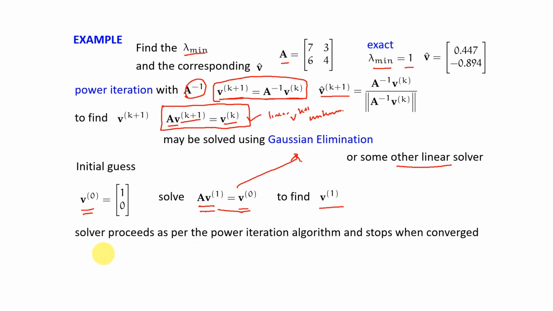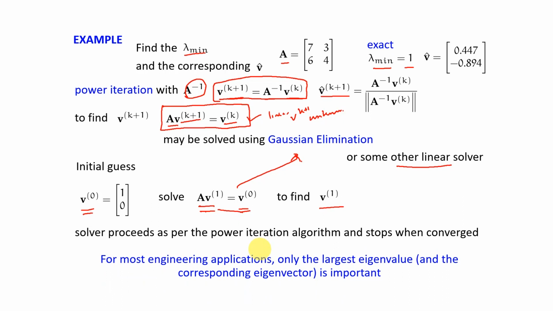And then I can keep on repeating this process until I hit the convergence criteria. As I told before, for most engineering applications, of course, the largest eigenvalue will be sufficient, but when it is not, then this is a standard procedure which we can use.